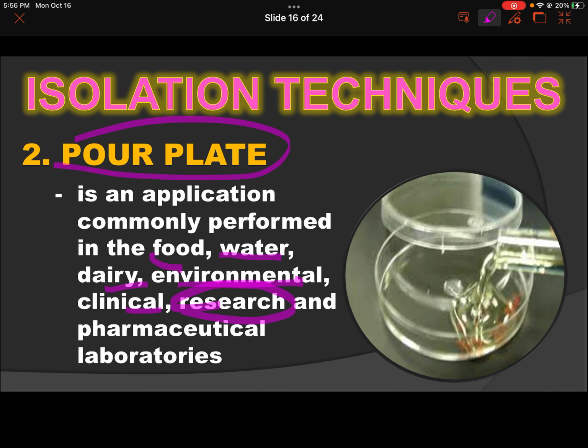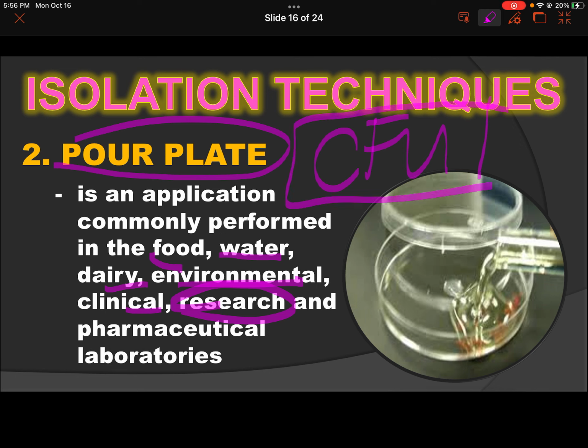You might be asking, you just want to do the multiple interrupted streak. However, this one is very useful, especially when you want to assay bacterial contamination on foodstuffs. Another thing is that each colony in this technique represents the CFU, or the colony forming unit.